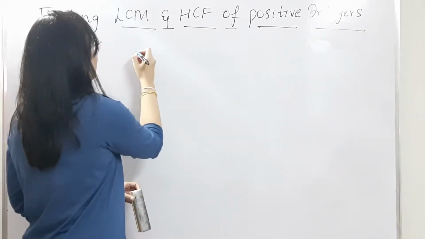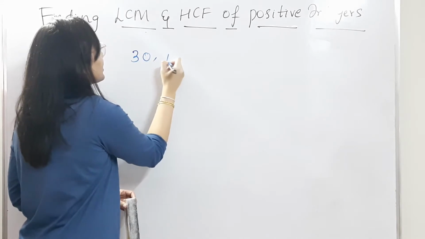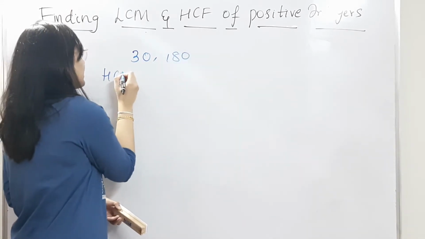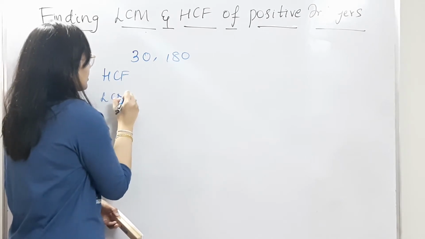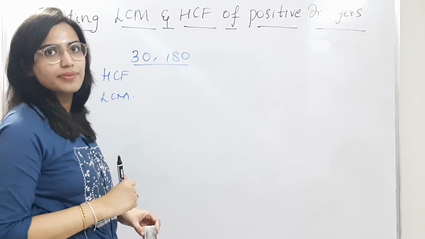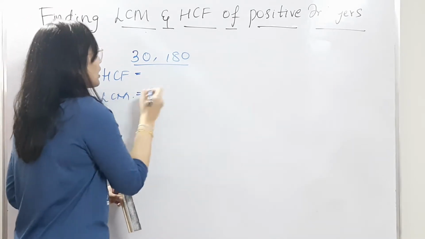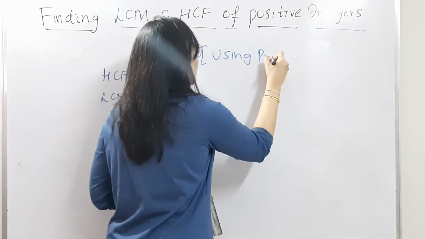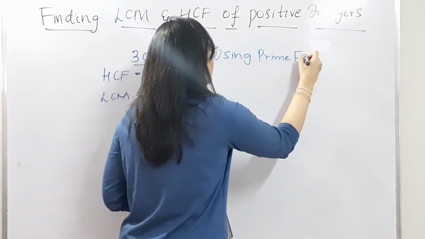Now, for example, I will take 2 numbers 30 and 180. I want you to find the HCF and LCM of 30 and 180. How do you do this? I want you to find the HCF and LCM using the prime factorization method.